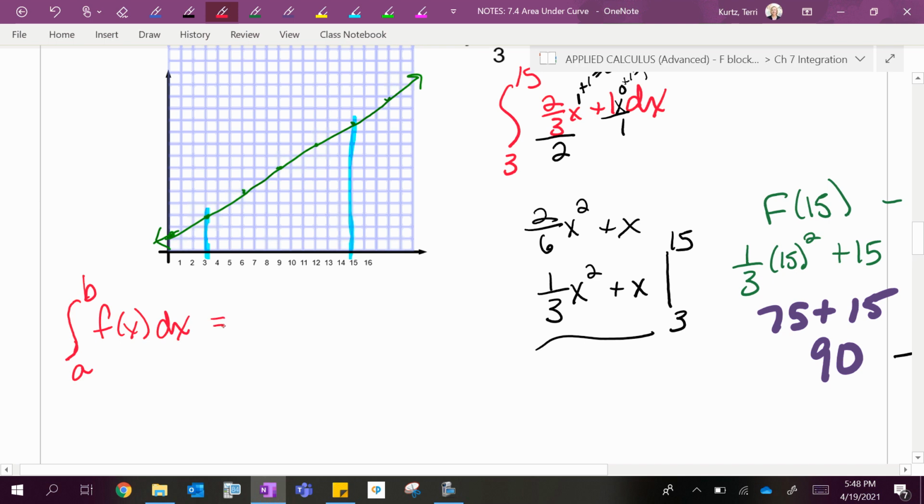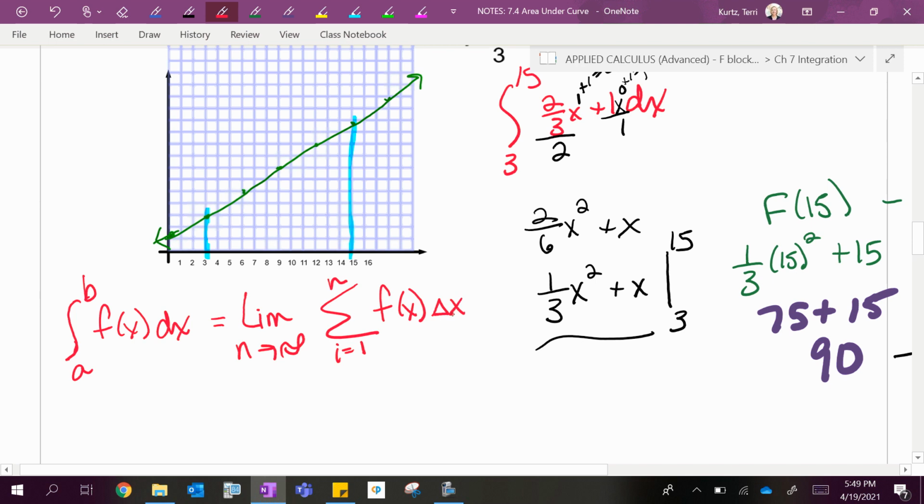And if we rewrote that as a limit, if you looked at the calculus book, you'll see this. This can be thought of as the limit as n approaches infinity of the summation from 1 to n of f of x times delta x.